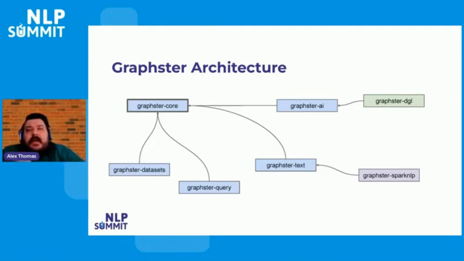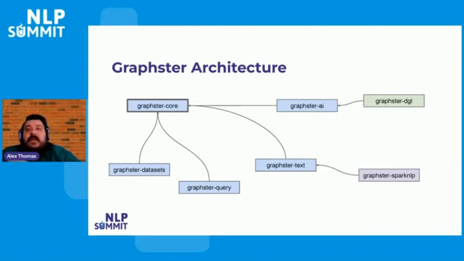So the idea is that Grafster core is the core of the library, and it's focused mainly on how the configuration of a pipeline is built, as well as configuration for machine learning or for querying. The other part that's in core is the tools necessary for fusing structured data.